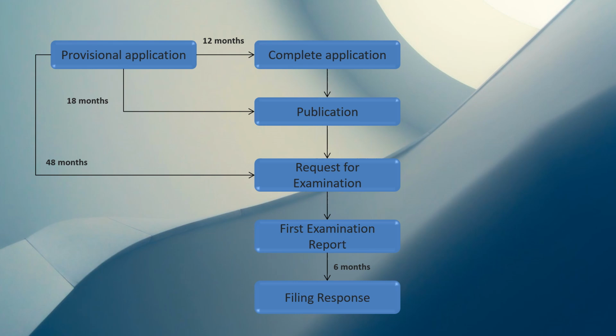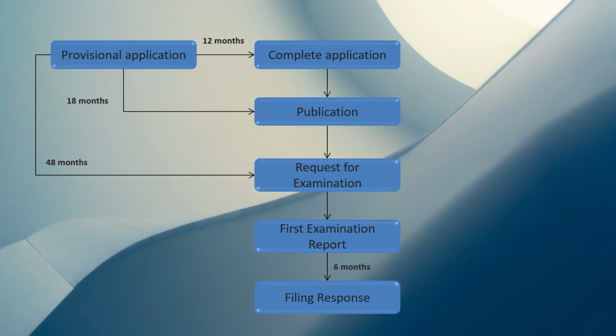Now in request for examination also, there is a category known as expedited examination. For that, one has to file Form 18A, and once someone files for expedited examination, the process of examining the application gets faster. The examiner will take up the application much faster in comparison to someone who has just filed a normal request for examination form.